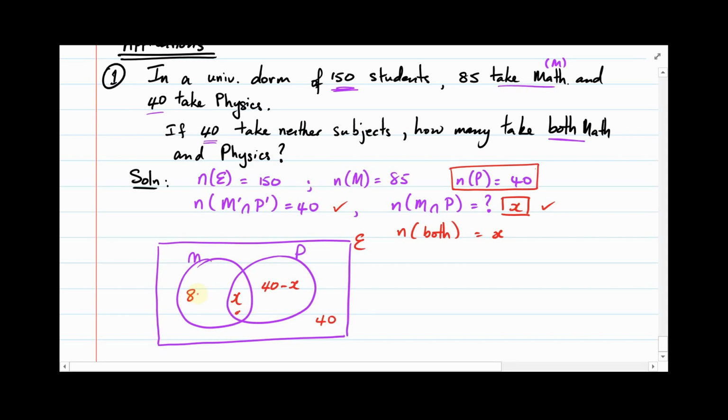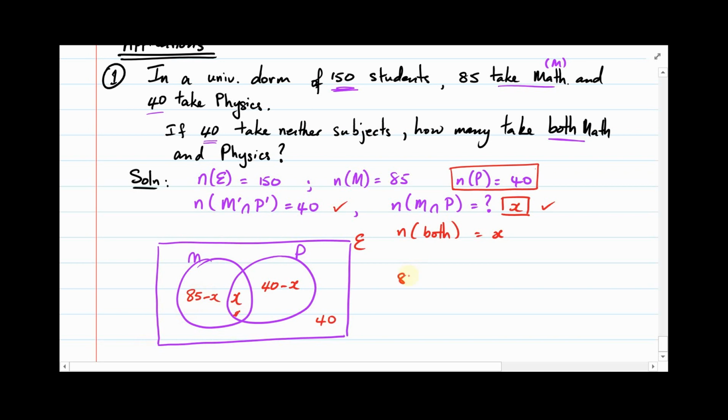In a similar vein, the total number of persons taking math was 85, so I've accounted for x already. Left over would be 85 minus x. Alright, we can get an equation. We can sum all the parts.